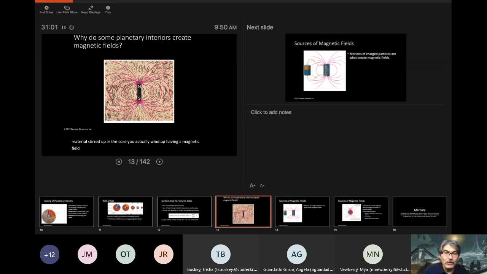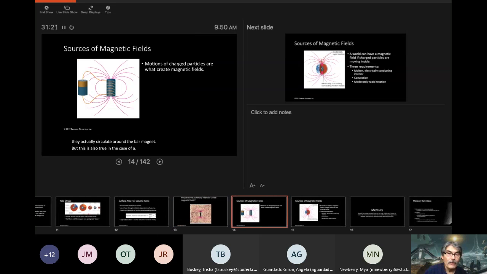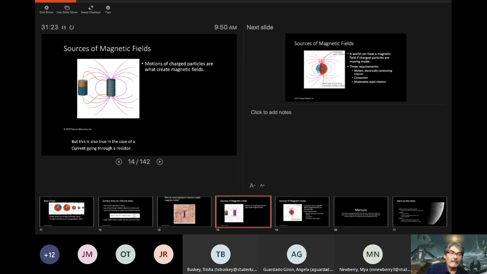I remind you, and you've probably seen this in 8th grade science, that magnetic fields point from north to south, and they circulate around the bar magnet. But this is also true in the case of a current going through a resistor, through wires. What you're going to see here is a magnetic field generated by this body because of the current that's being passed through.